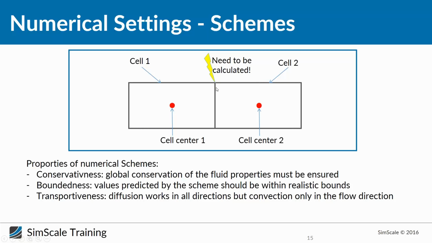If we have a very, very high pressure at one point, for example here, then it can still be the case that conservativeness is ensured, but some values are out of range. And the last thing is so-called transportiveness, because between this layer, we transport based on convection only in the flow direction, but based on diffusion in all directions of the cells. These are 3 things you should keep in mind.